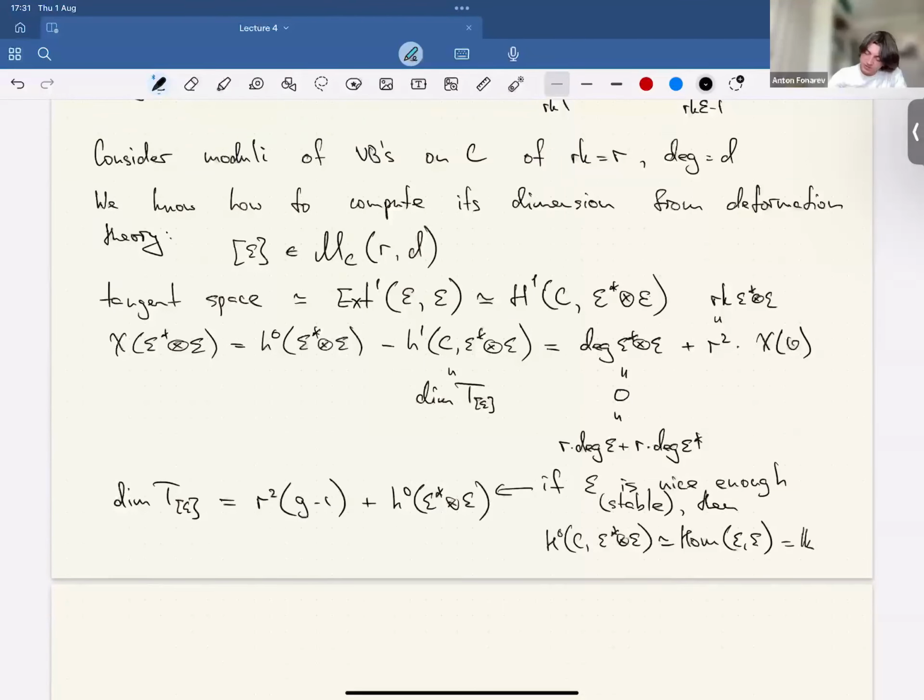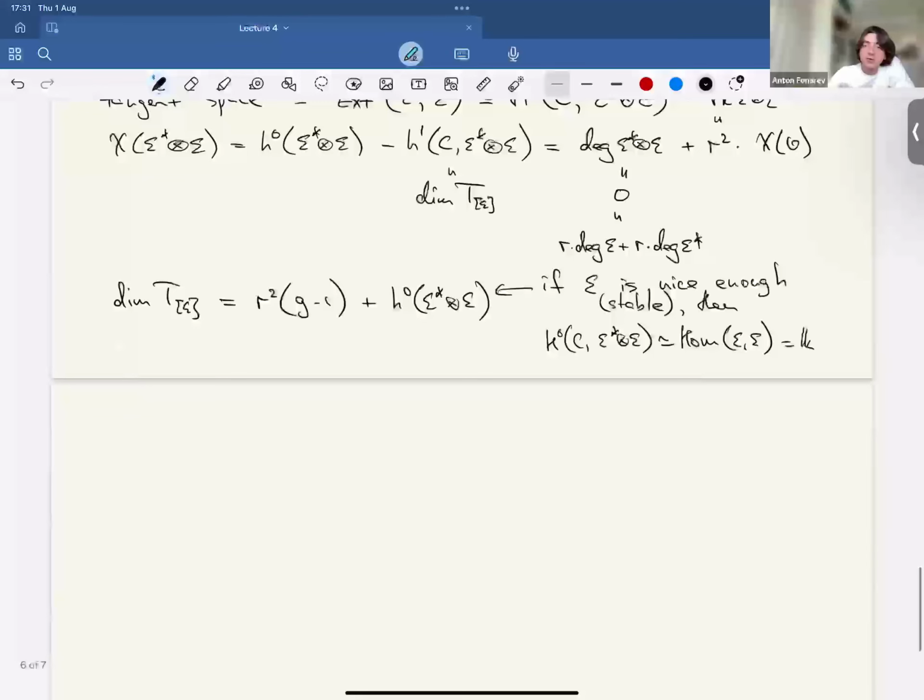So this dimension is 1, and of course there are always stable bundles, and you conclude that the dimension of the moduli space on C of rank R bundles and degree D does not depend on D.